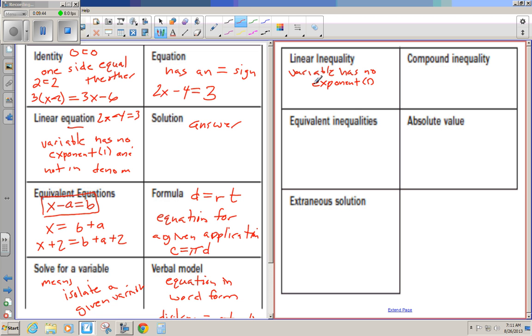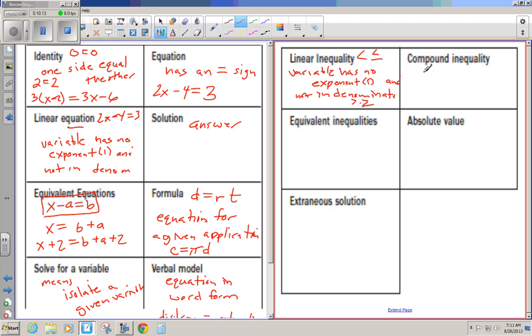Linear, no exponent, and not in the denominator. Okay, so it's in the form mx plus b, 2x minus 4 equals 3 is a linear equation. So to make that an inequality, you have to use less than, less than or equal to, greater than, or greater than or equal to.